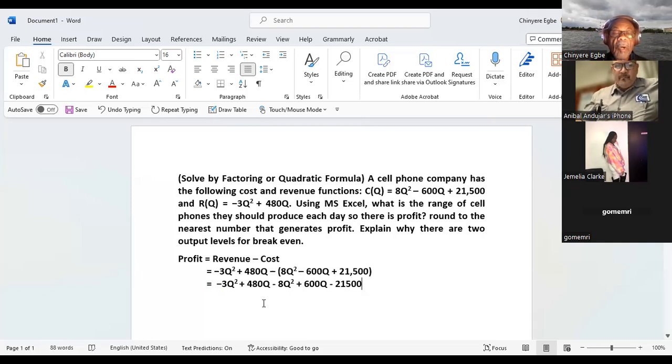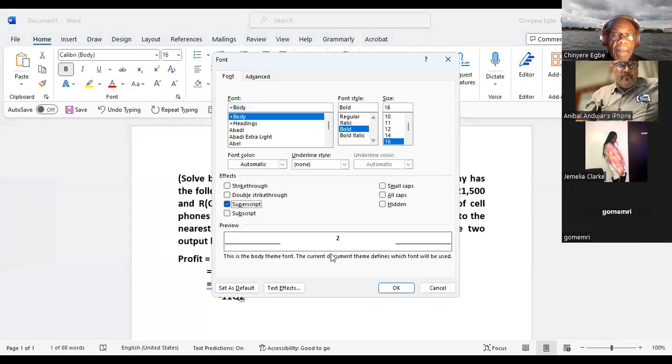All right. So what do we have? Minus 3Q squared minus 8Q squared will be equal to minus 11Q squared.